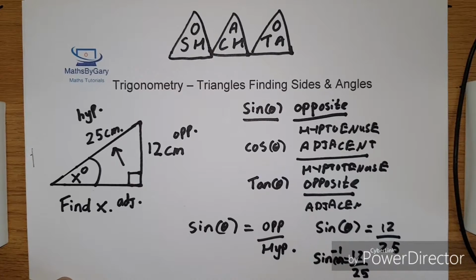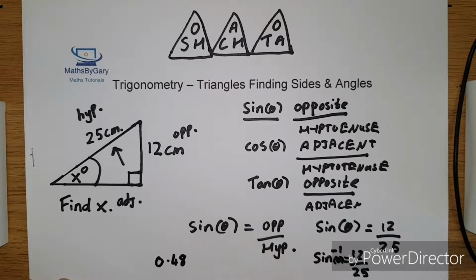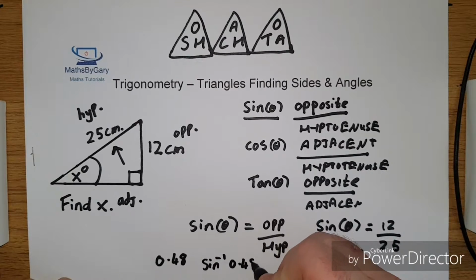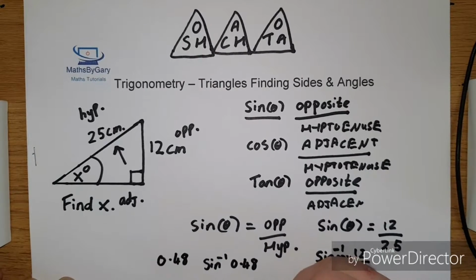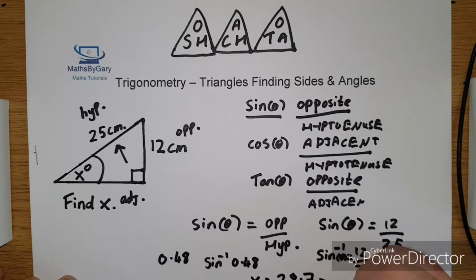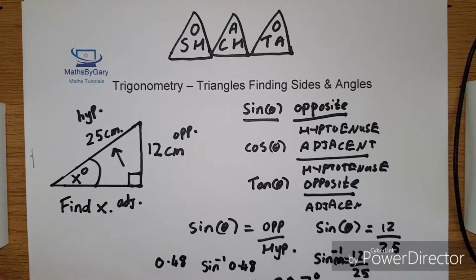So 12 divided by 25, if we use our calculators, is 0.48. So we do shift sine 0.48, and that gives us x equals 28.7 degrees. Okay, so find x. So x is 28.7 degrees.